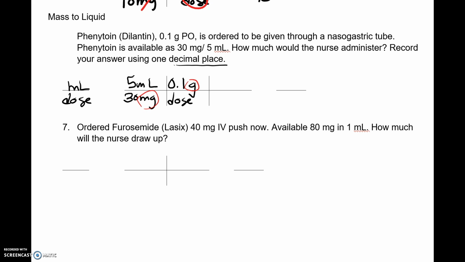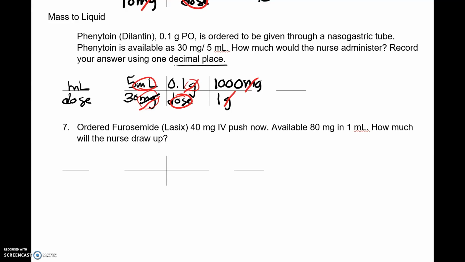How many milligrams are in 1 gram? So grams has to go on the bottom so that we may cancel out the one on the top. So we know that there is 1 gram with 1,000 milligrams. This helps us cancel out our factors. Grams and milligrams cancel out, and we're left with mLs per dose.